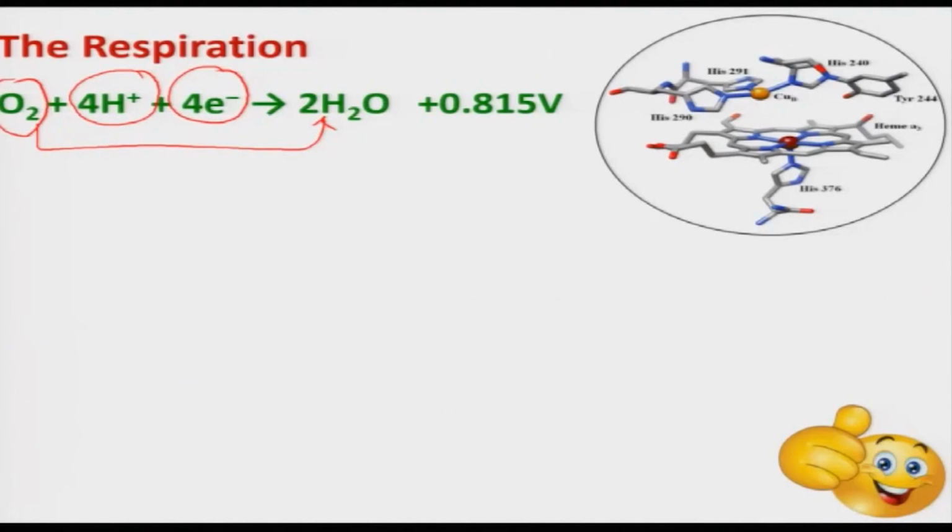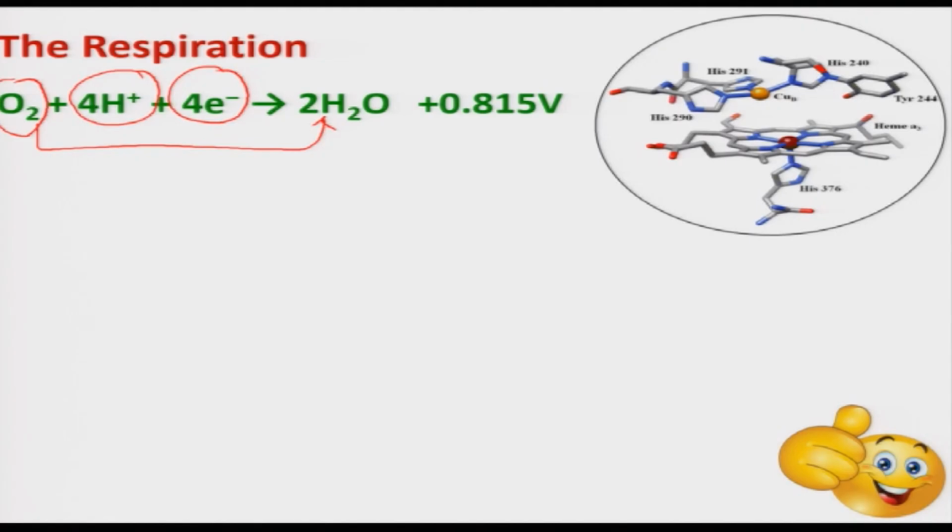Now, the beauty of this reaction is that this conversion of oxygen to water has to happen in one step, like 4 protons and 4 electrons have to be added all at a time to reduce dioxygen completely to water.